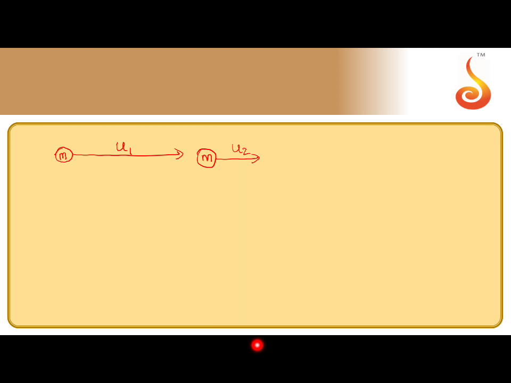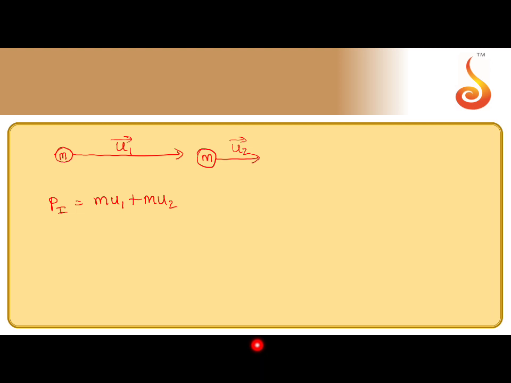Now you observe both these velocities are in the same direction. Then when you write the initial momentum, P initial will be equal to m into u1 plus m into u2. Because u1 and u2 are in the same direction, you add them.